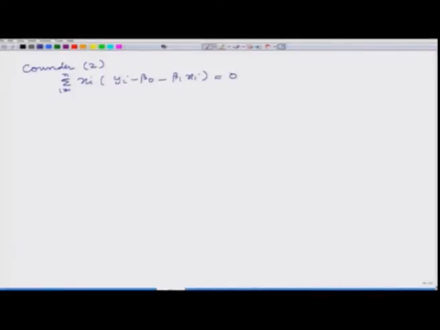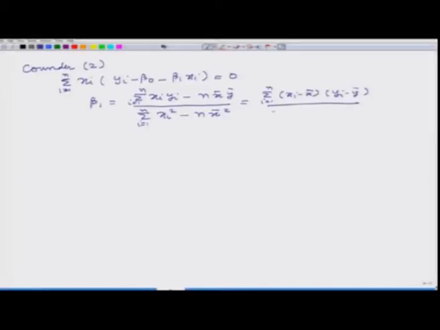And now, if you just open the bracket and solve it, we get beta 1 equal to summation x i y i minus n times x bar y bar, upon summation x i square minus n times x bar square, where summation is i goes from 1 to n. Right. If you simplify it, the numerator is nothing but the summation i goes from 1 to n of (x i minus x bar)(y i minus y bar), and the denominator is summation of (x i minus x bar) whole square.